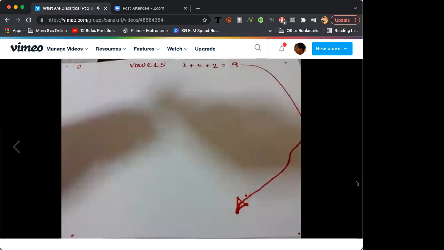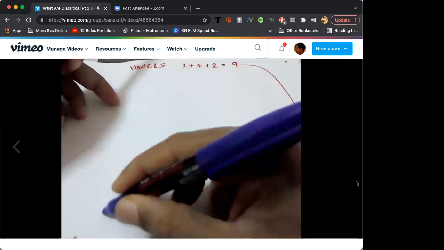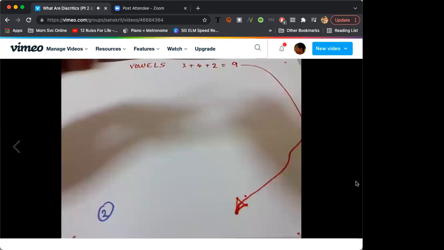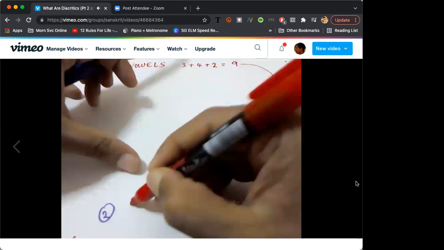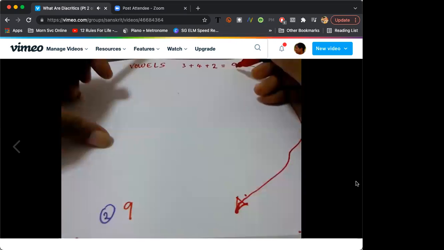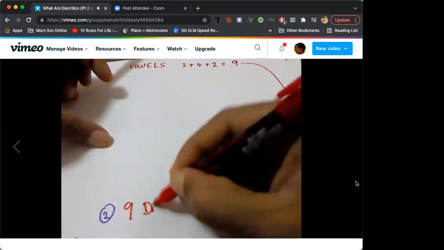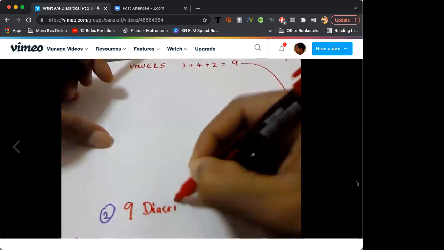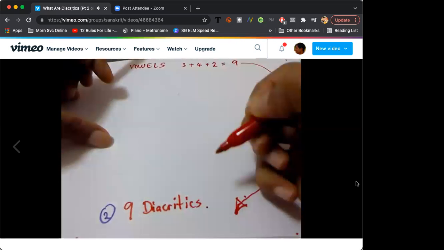Come to step 2. Another base, we write. Step 2. 9. This 9 comes from up here. 9 diacritics. Diacritics. What are these diacritics?